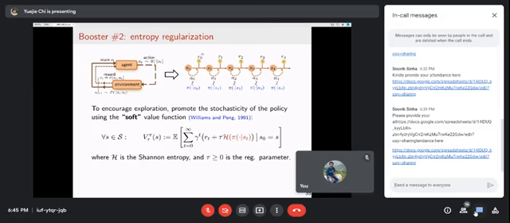Besides the common reward term, we're also going to add in another term that is proportional to the Shannon entropy of the policy, so that policies with higher stochasticity will be favored by the value function. With this adjustment of the value function, we arrive at an optimization problem where our goal is now to optimize this regularized value function instead.